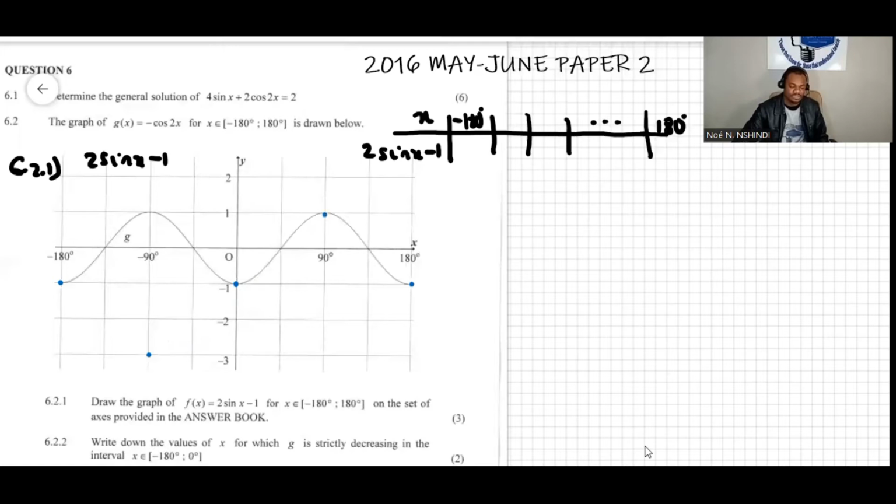So it's going to be something like a curve.